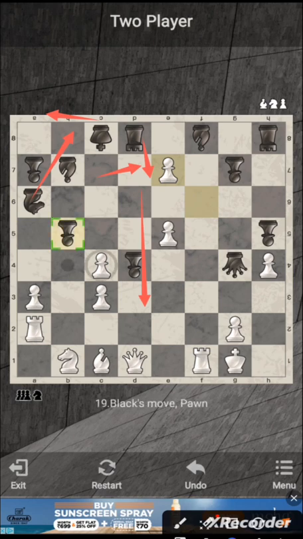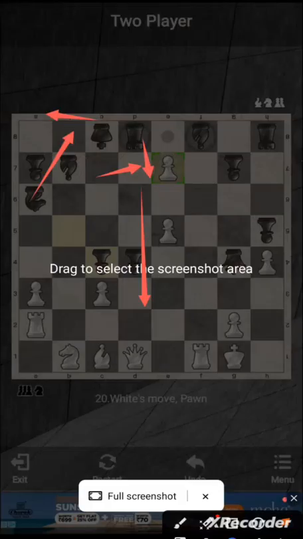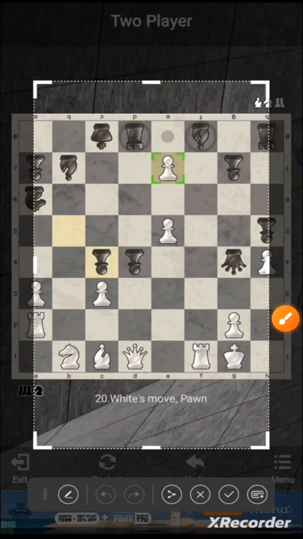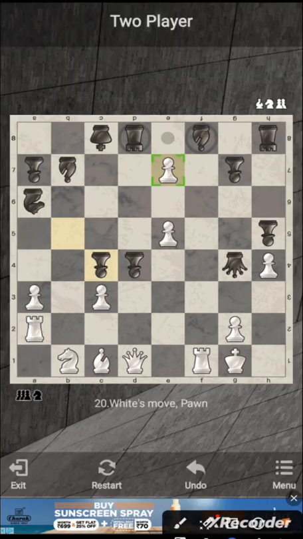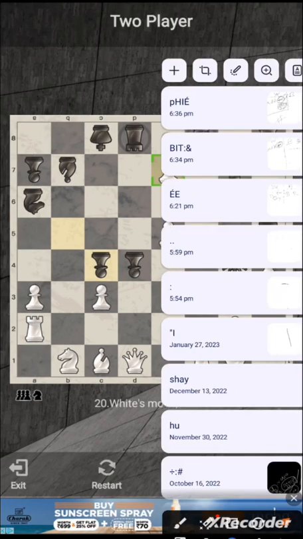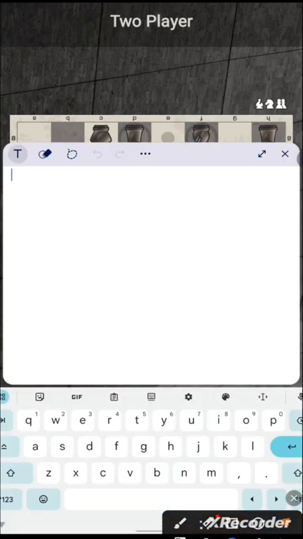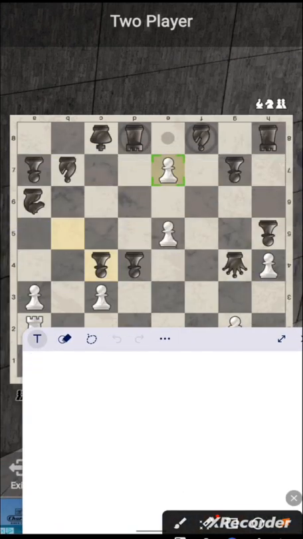As you can see over here, the white pawn can be promoted by taking either the rook or the bishop. This white pawn can take either the bishop or the rook and can be promoted to any other piece.